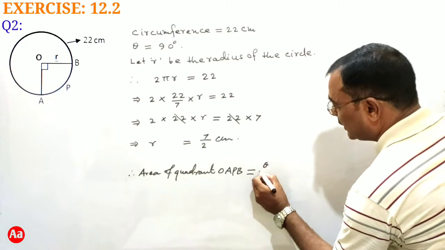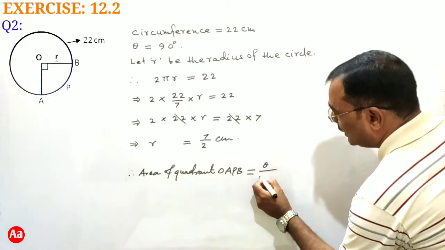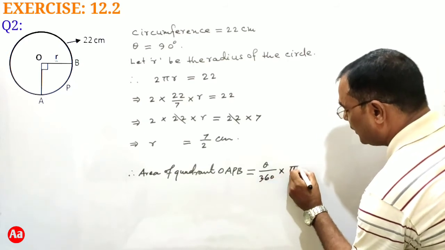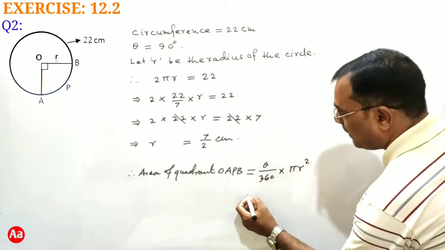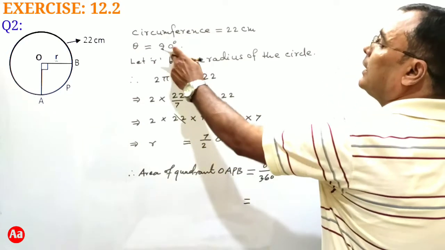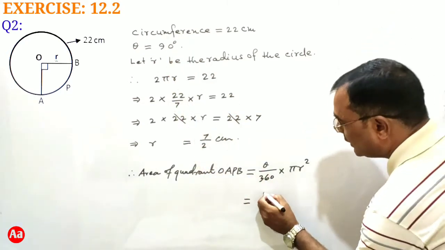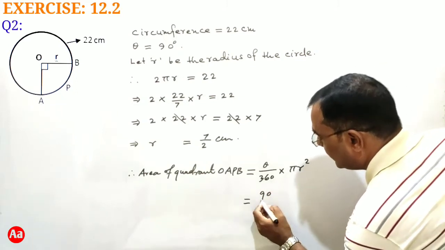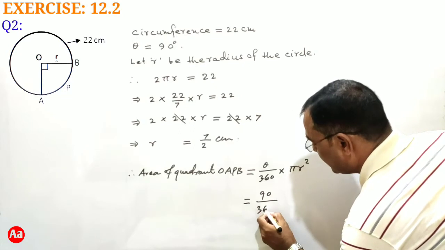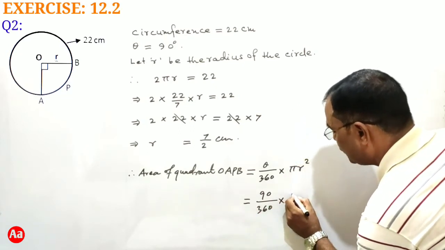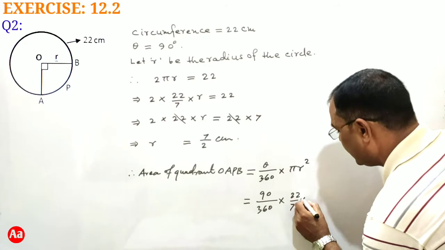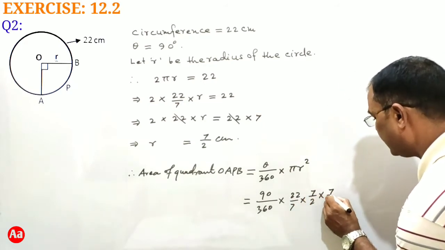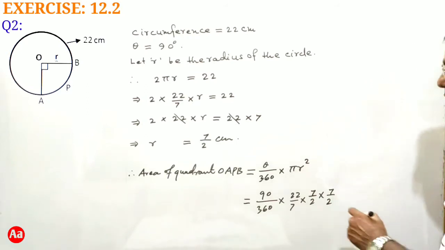So let us use here sector formula, theta by 360 into pi r square. Theta, sector angle or quadrant angle, is 90 degrees, so 90 by 360 into 22 by 7 into 7 by 2 whole square, that is 7 by 2 into 7 by 2.